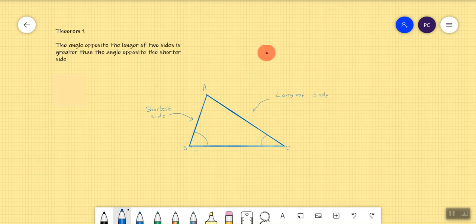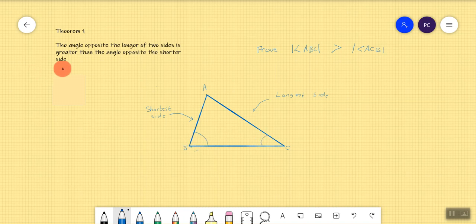So basically this is what we're trying to prove, that the angle ABC, so A, B, C. So we're trying to prove that this angle, so A, B, C, notice we have 3 points, so point A, point B, and point C, and notice that the angle is on point B. Okay, so we're trying to prove that this angle is bigger than this angle, A, C, B. So that's what we're trying to prove.